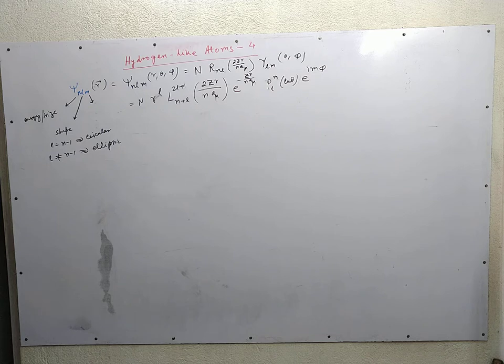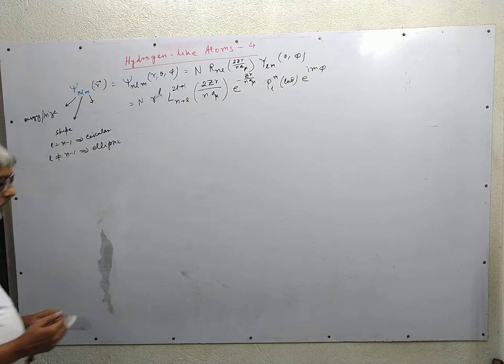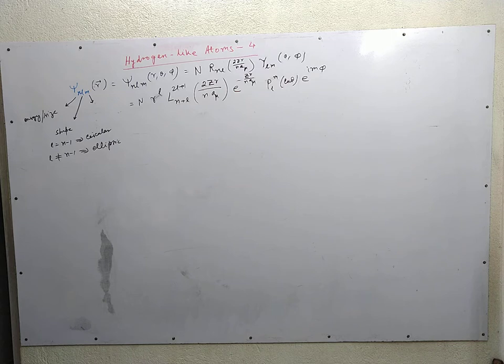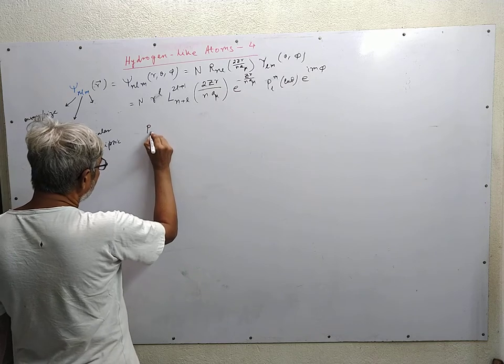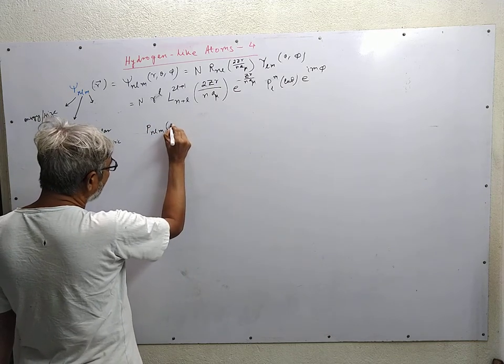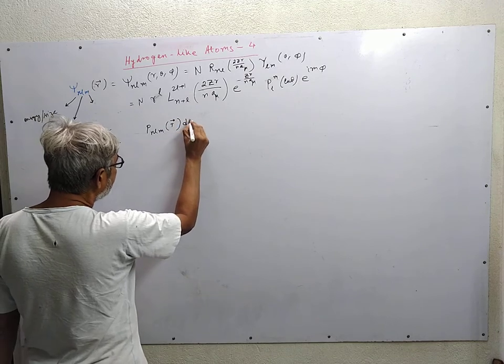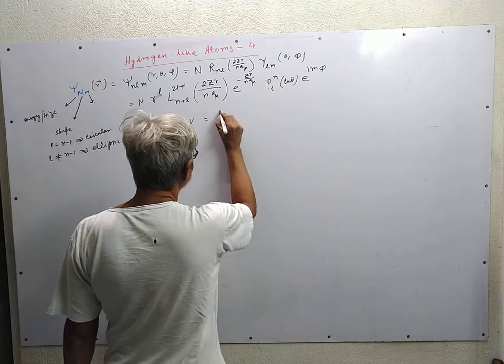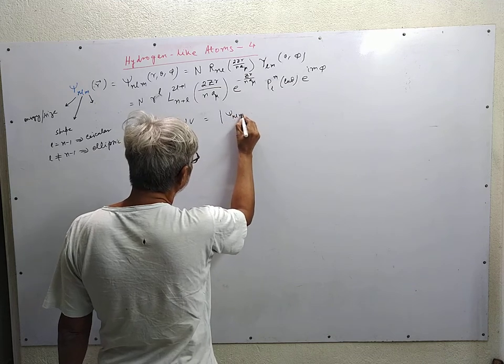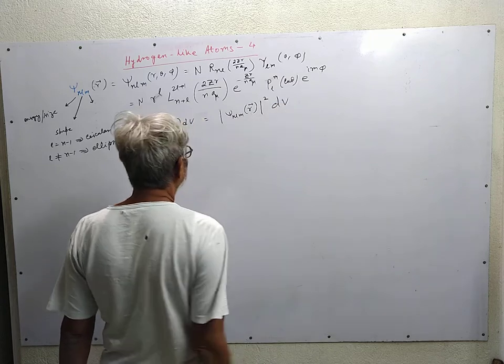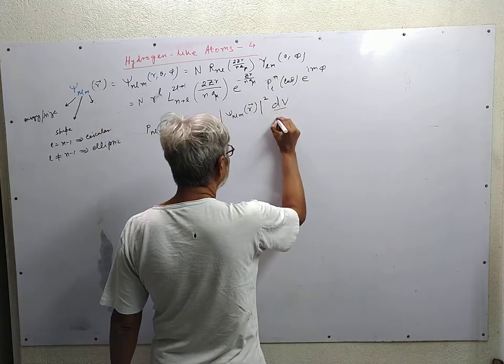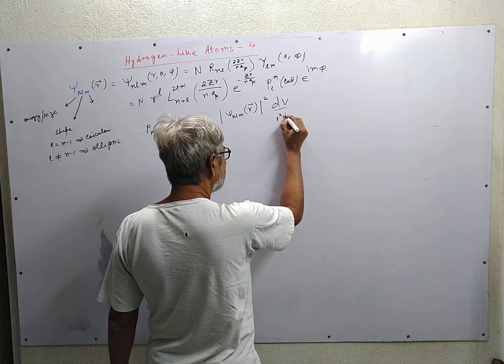Now we come to the probability. We know from our basic knowledge of quantum mechanics that psi star psi is the probability density. So if we write this quantity P n l m of r dv, this gives you the modulus square of psi times dv, where dv in spherical polar coordinates is the volume element.